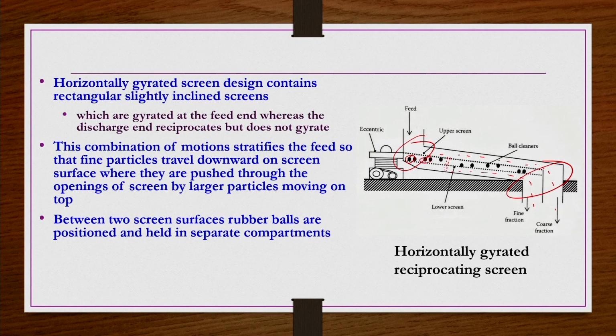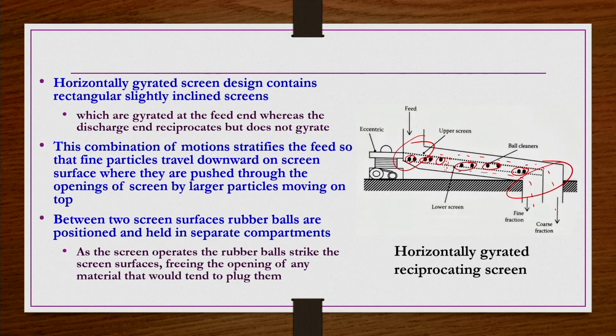So, these rubber balls are provided and they are given in a separate compartment, and then they move in such a way that as the screen operates, the ball strikes the screen surfaces, so that whatever the opening of the material is there that is being freed, if at all there is a possibility of plugging.